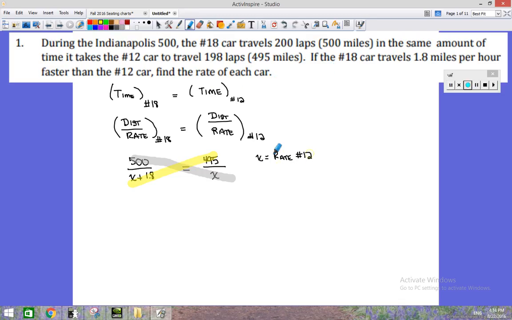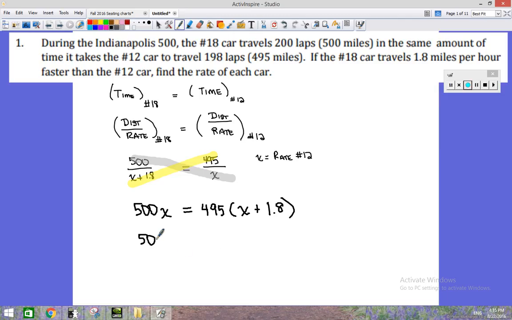We're going to find the rate of the number 12 car, and then we'll add 1.8 to it for the number 18 car. So if we cross multiply along the gray diagonal, I get 500 times x, and along the yellow diagonal, I get 495 times the quantity x plus 1.8.